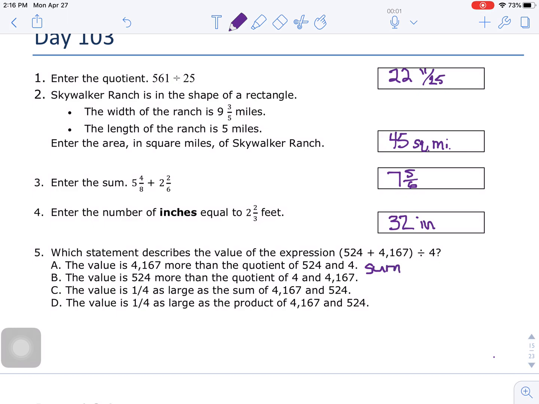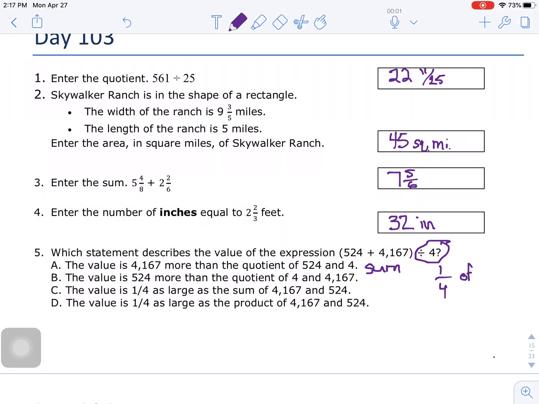That is the sum. And that sum is being divided by 4. Or another way of saying that is we're finding 1/4 of it.